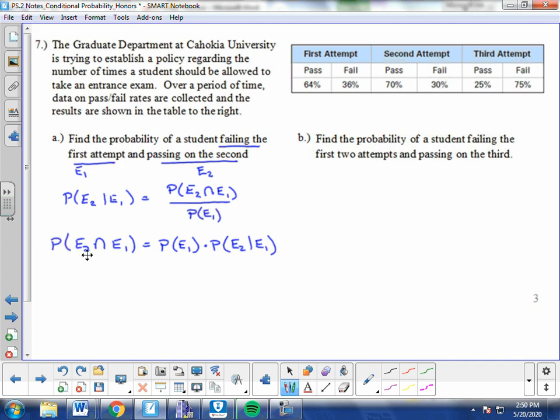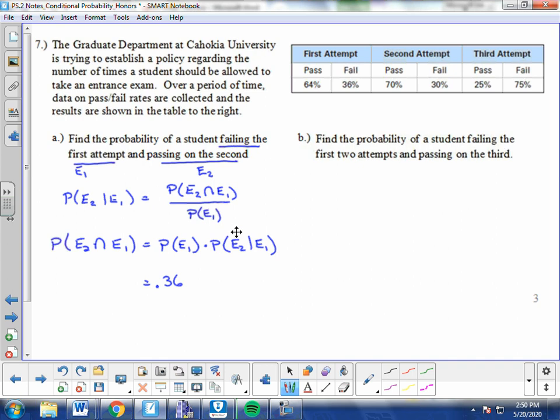So what we want to find again is the probability of the student failing the first and then passing the second. We take the probability of event 1, which is failing the first attempt, which is 36%. Let's write that as a decimal for computation, 0.36.